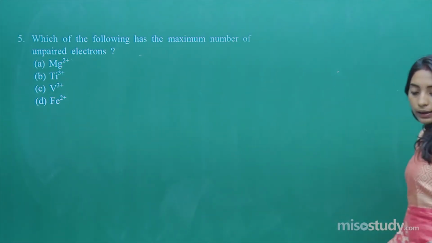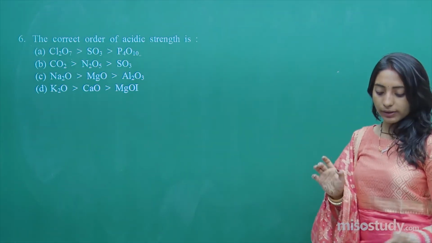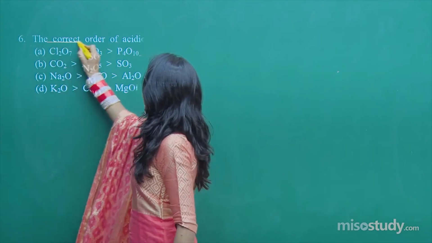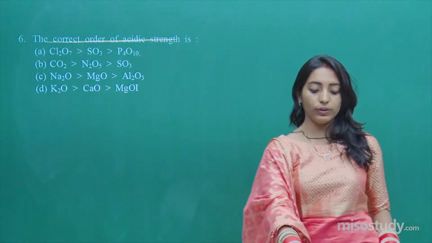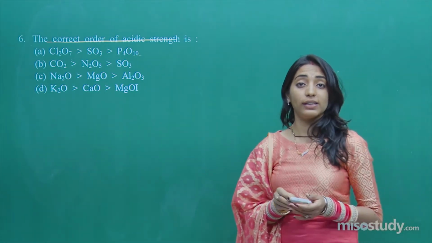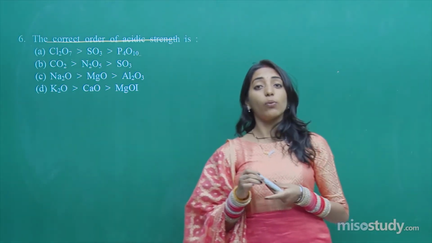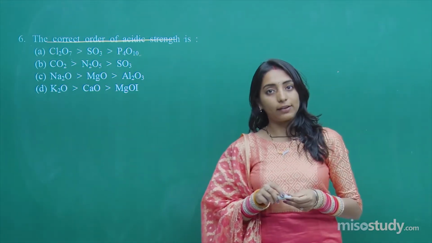Okay. So now moving on to the next question, which is our question number 6. And the question says that the correct order of acidic strength is. So we need to talk about acidic strength. Now when I talk about acidic strength, you must be aware that I could be talking about the Lewis acidic character, right?